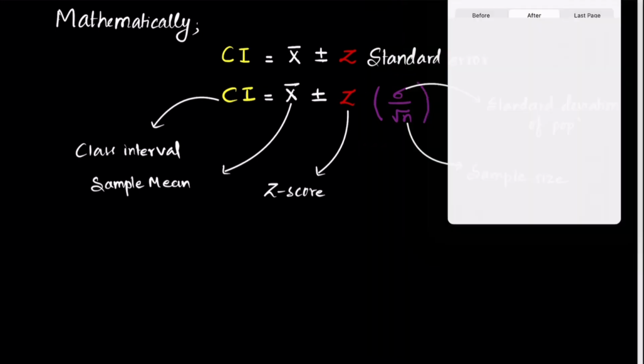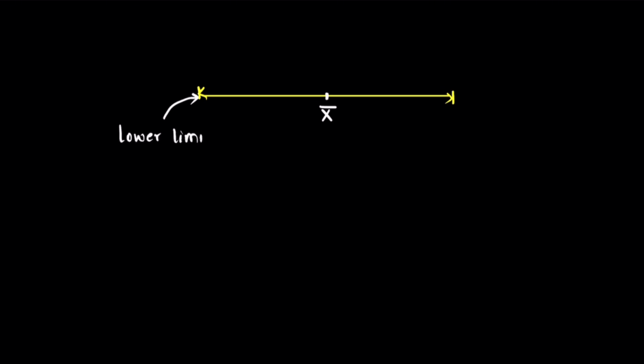So the interval will look something like this. So here's a confidence interval. Within the confidence interval lies the mean of the sample. This right here is the lower limit of the confidence interval, and this is the upper limit.